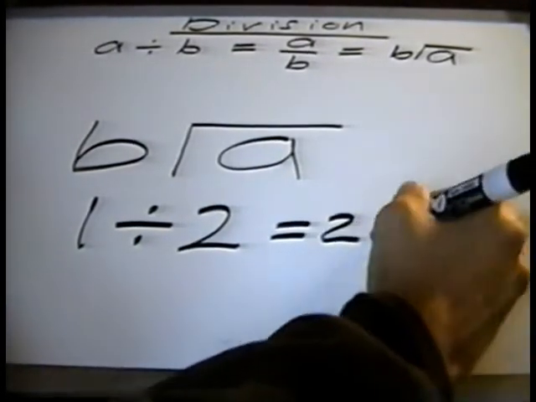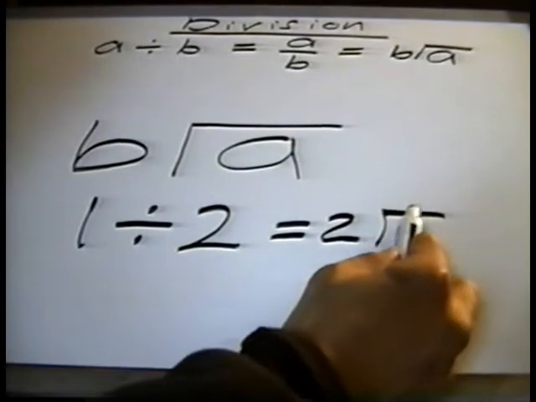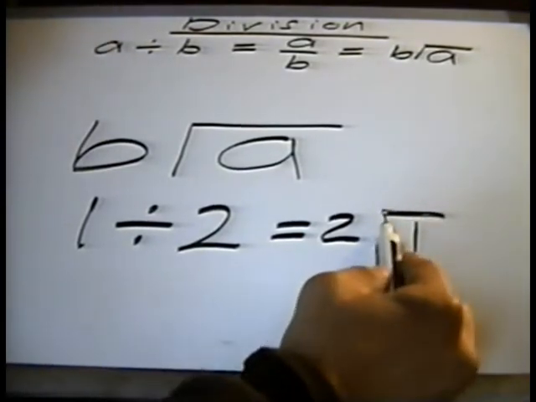So we say 1 divided by 2 takes that form. This bar here is called the division bar.